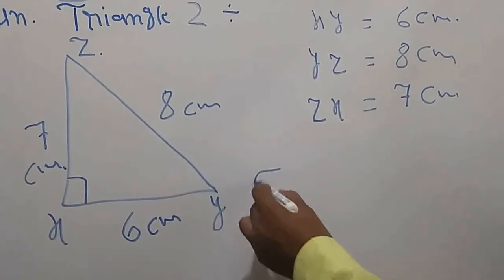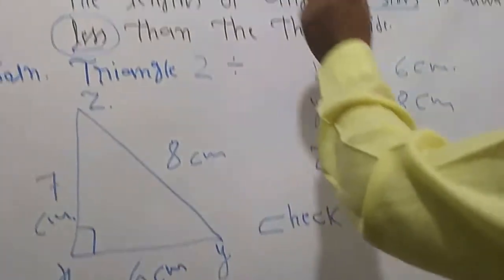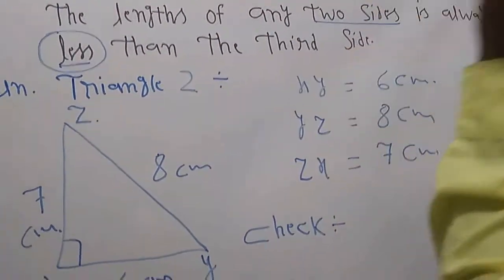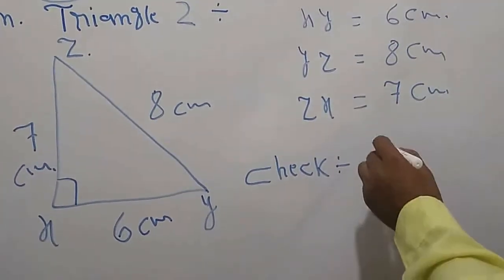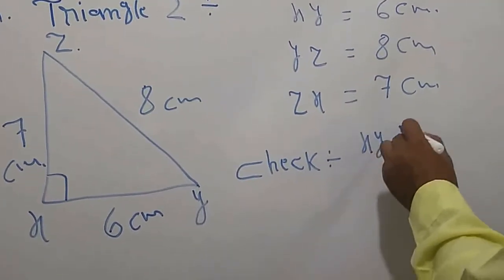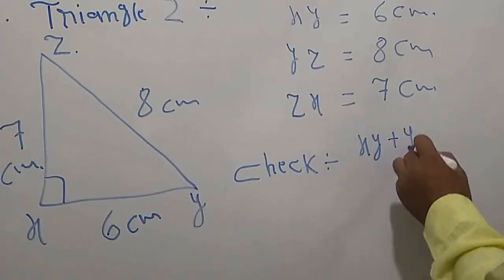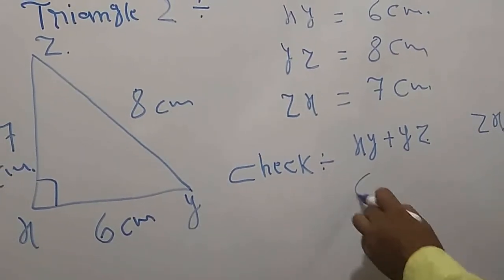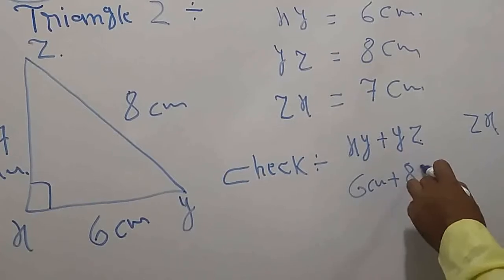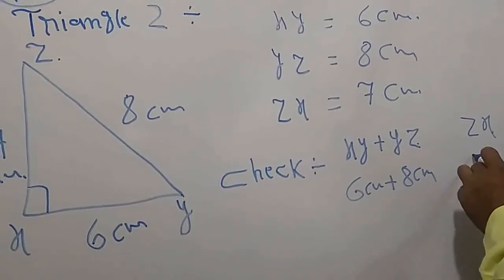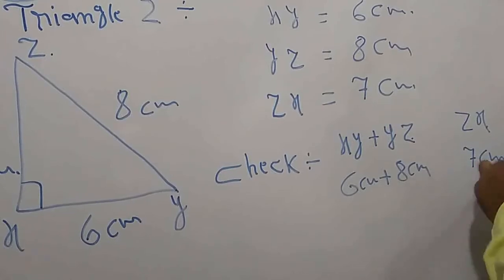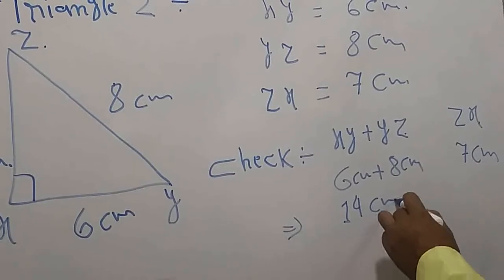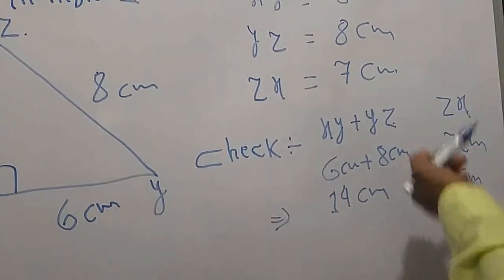Again we are going to check the condition. Check in each case if the sum of the lengths of any two sides is always less than the third side. So here we add the measurements of the first two sides, XY plus YZ, and compare with ZX. 6 centimeter plus 8 centimeter is 14 centimeter, and ZX is 7 centimeter.